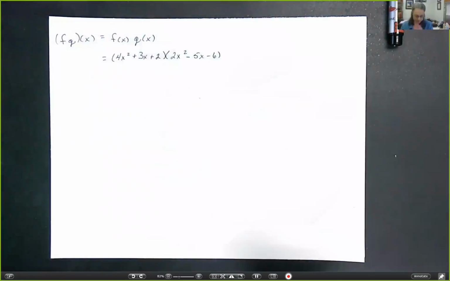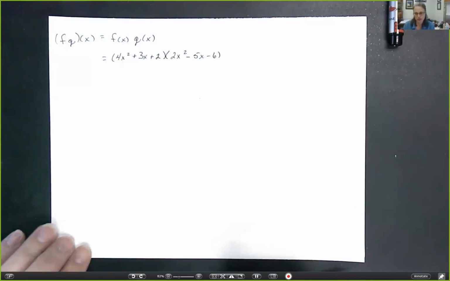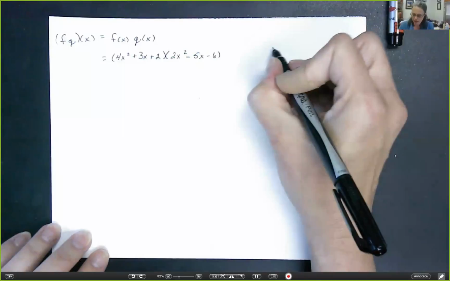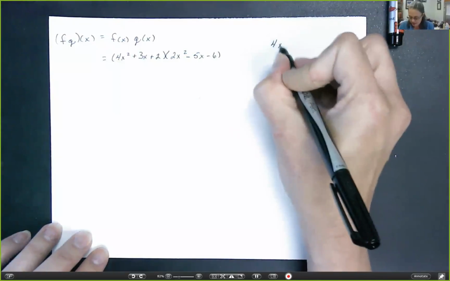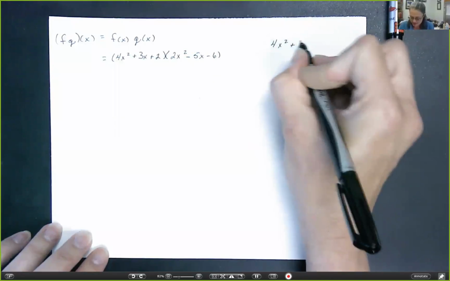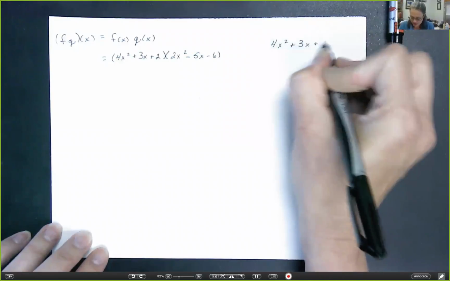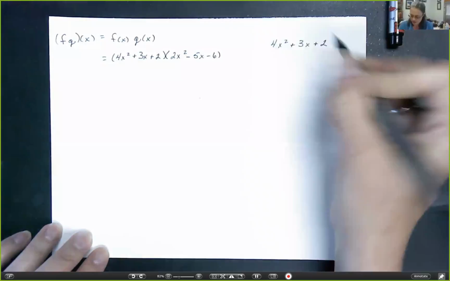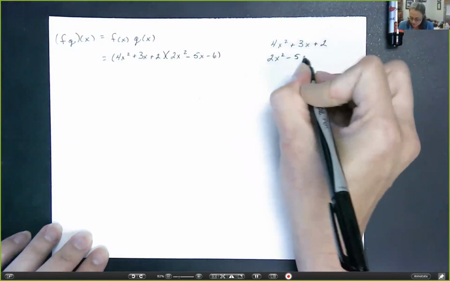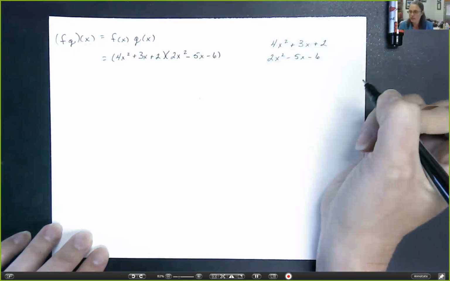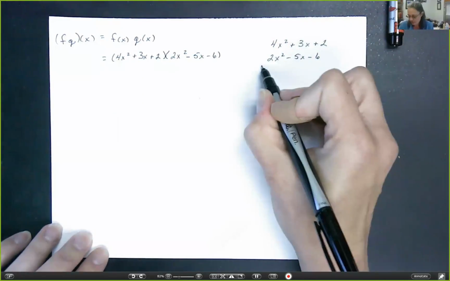Use whatever your favorite technique is for multiplying those together. I happen to like stacking them up. If you haven't seen this before, this is just like when you learn to do multiplication longhand in grade school. I put one polynomial on top of the other.